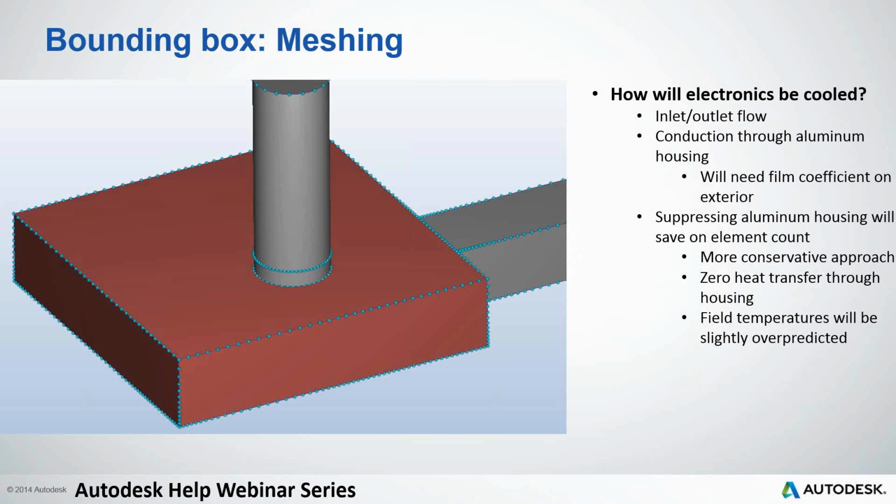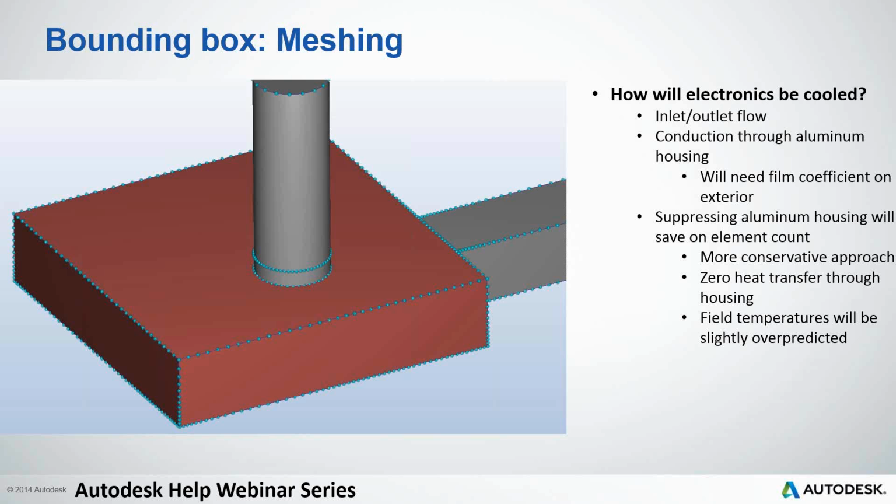Basically, air on the inside heating up this metal panel, and then having ambient air on the outside, allowing heat transfer. For this, I decided that I was going to suppress the aluminum box. I know I have it highlighted there, but I went on and suppressed it later. This means there's absolutely no heat transfer to the ambient.